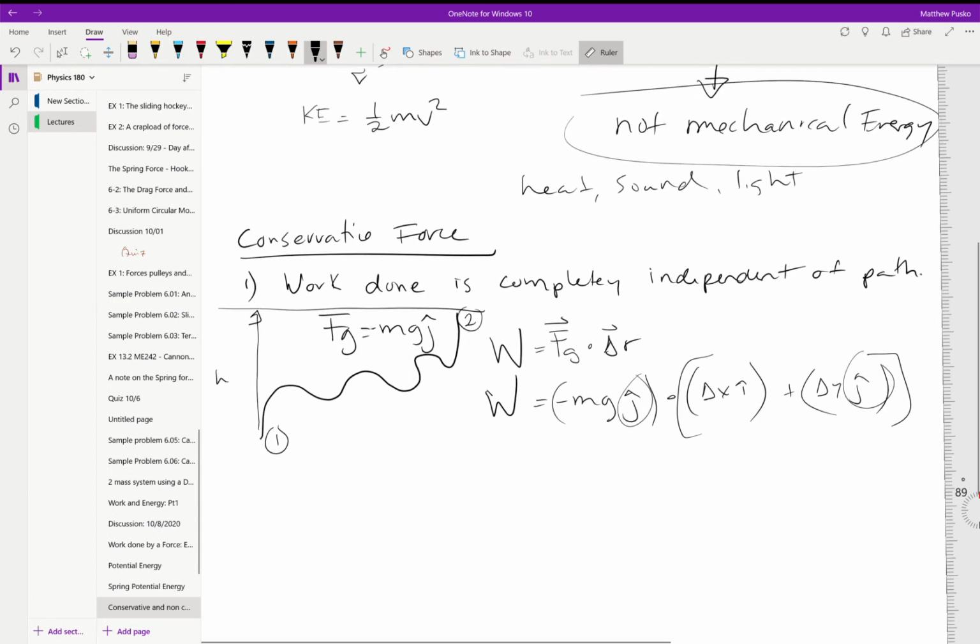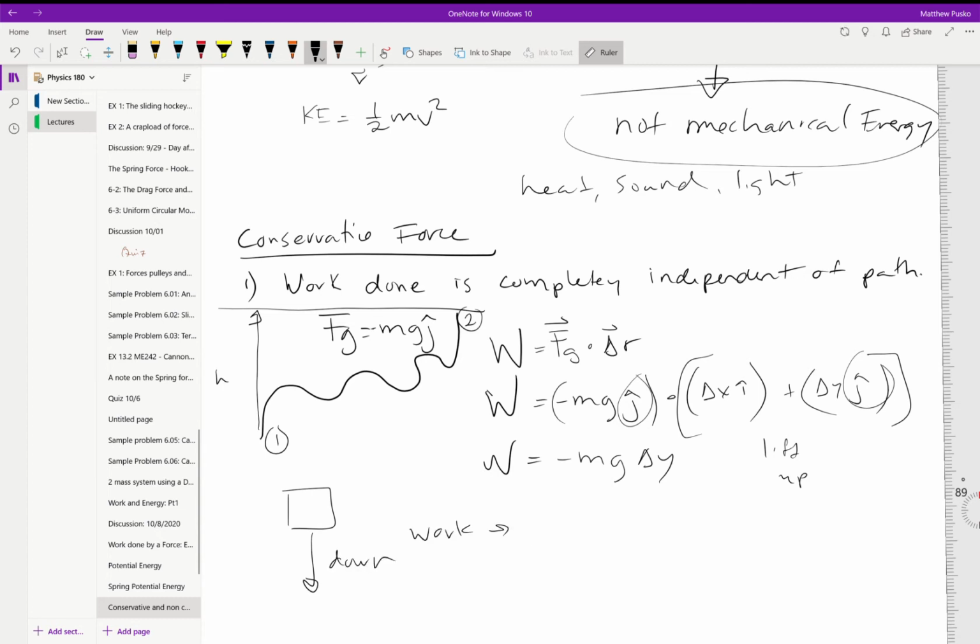And we end up getting the work equal to minus mg delta y to lift something up. If gravity was doing work making the block go down, the work would be positive. And that's the work by the force of gravity.